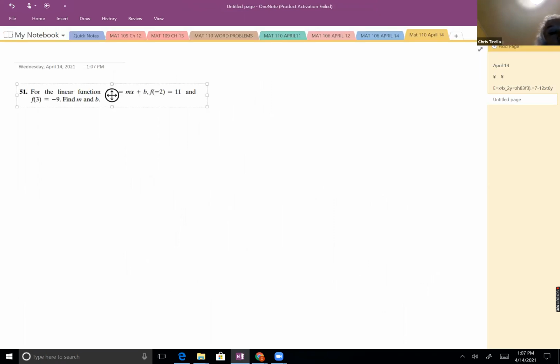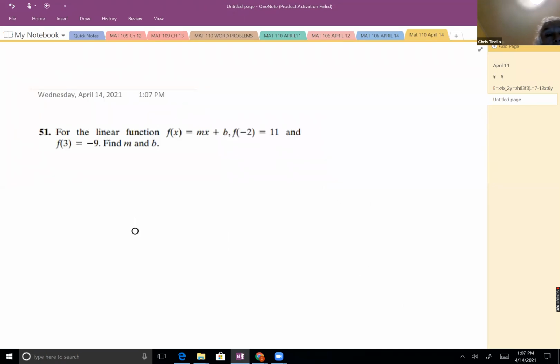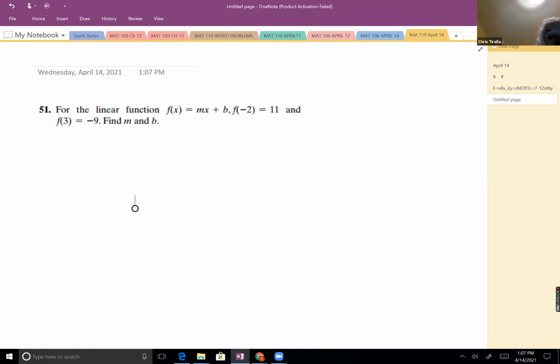It says through the linear function, f of x equals mx plus b, f of -2 is 11, and f of 3 is -9. Find m and b. Honestly, we've already done this question. Let's just look at it a little bit differently.